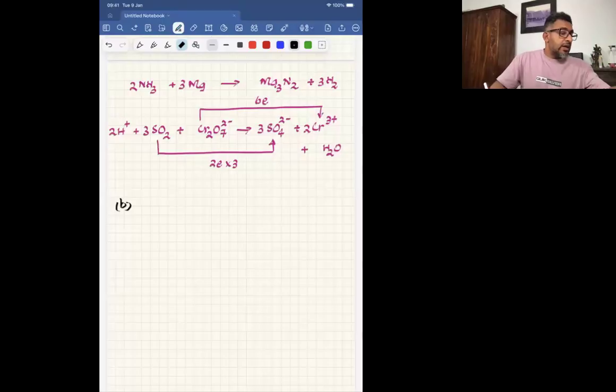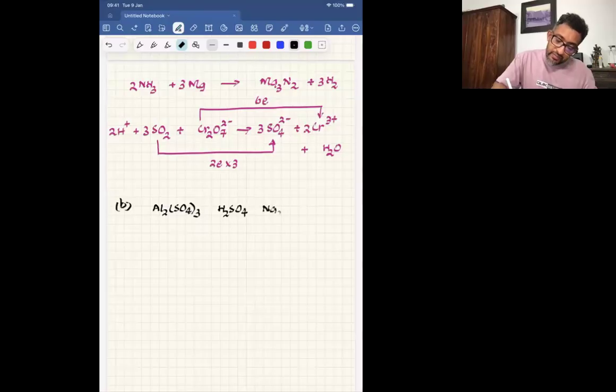A student is provided bottles P, Q, R, S, T, U containing aqueous solutions of aluminium sulfate, Al2(SO4)3, sulfuric acid, sodium thiosulfate, barium chloride, lead acetate, and potassium hydroxide.